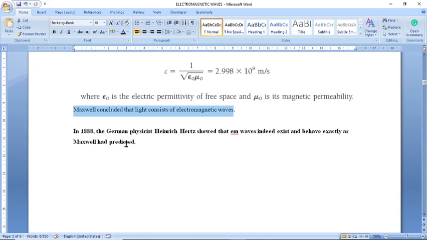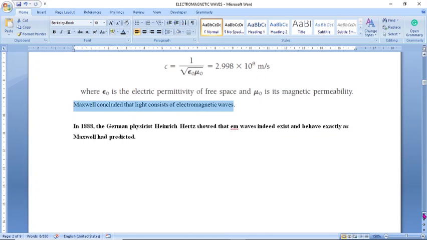In 1888, German physicist Heinrich Hertz showed that electromagnetic waves indeed exist and behave exactly as Maxwell had predicted. അപ്പോൾ ഇത് തിയററ്റിക്കൽ എന്തായിരുന്നു പറഞ്ഞിട്ടുണ്ടായിരുന്നത്, അത് കുറച്ച് വർഷങ്ങൾക്ക്, ഏകദേശം ഒരു 10-20 വർഷങ്ങൾക്ക് ശേഷം അത് പ്രൂവ് ചെയ്യപ്പെട്ടു.